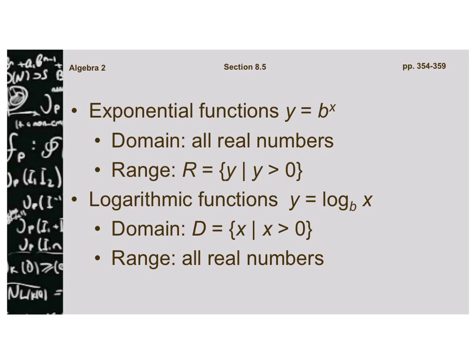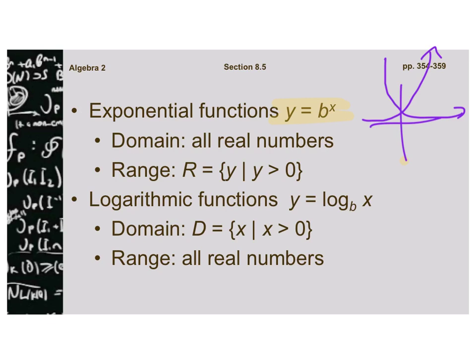An exponential function, we already learned this. The exponential function, y equals b to the x. Remember the graph was exponential growth or exponential decay. It was one of the two, growth or decay.